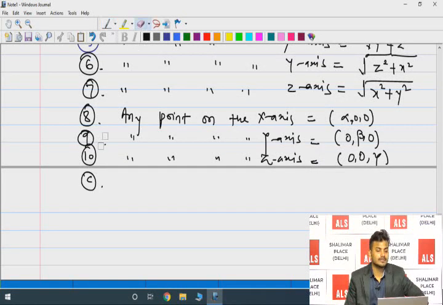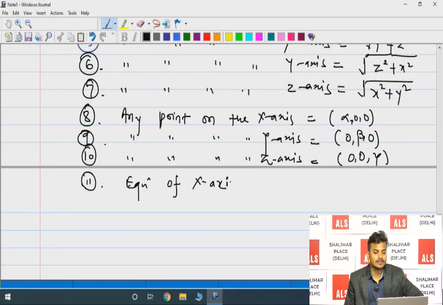Eleventh, equation of x-axis. What is the equation of the x-axis?